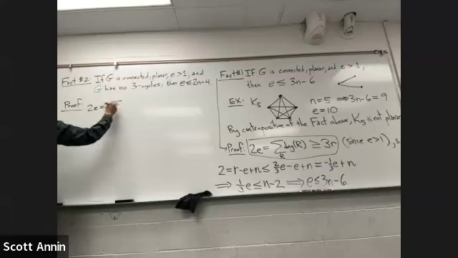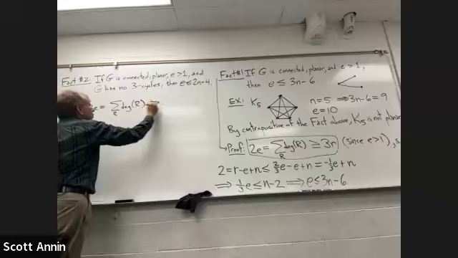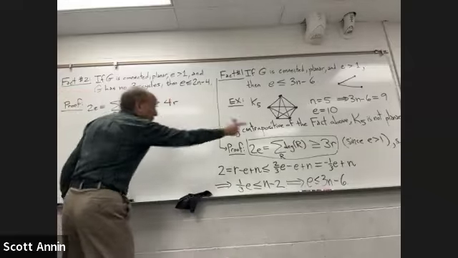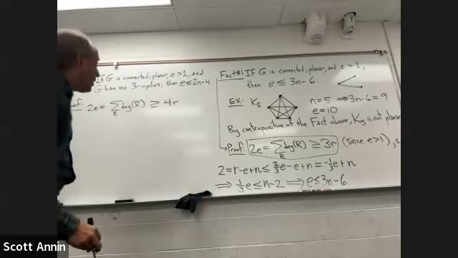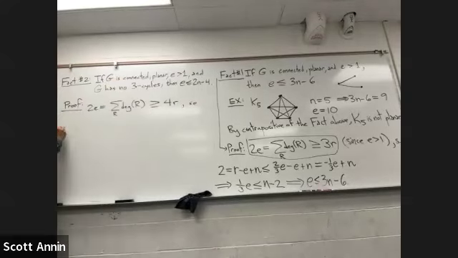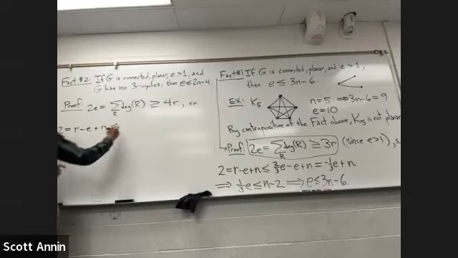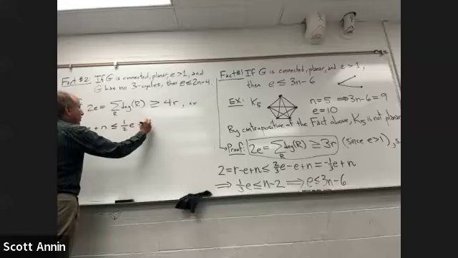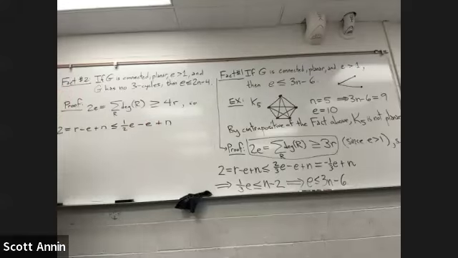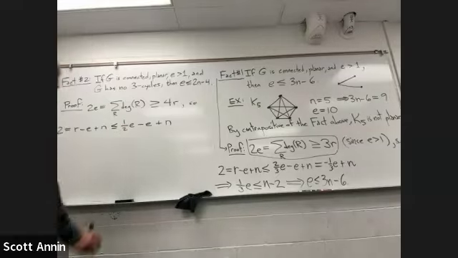So I'm going to bust out a carbon copy of the same proof, except where I wrote 3R over there, now I'm going to write 4R. I'm going to go right to the same Euler formula again: 2 is equal to R minus E plus N. This time, R is less than or equal to 1/2 of E. So instead of 2/3 of E, I'm putting 1/2 of E here.